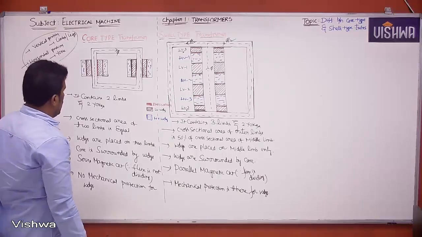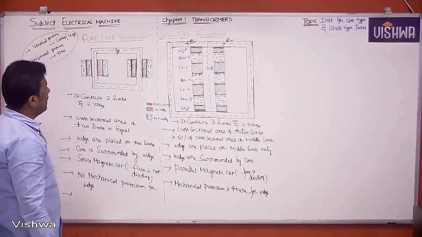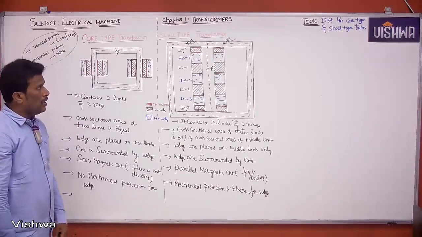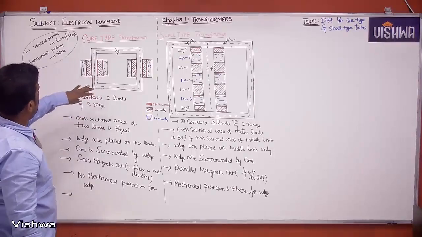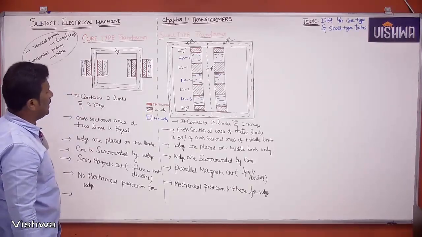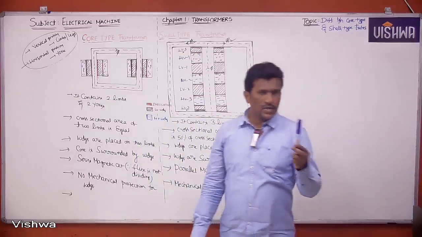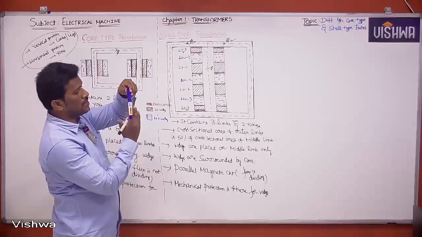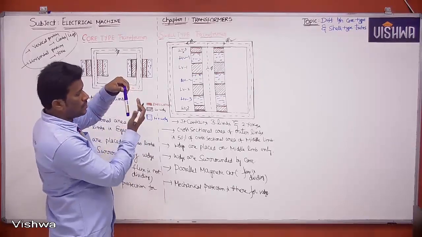Okay. Next, if you observe clearly here, in core type transformer we are placing windings horizontally. To be frank, I can explain like this. Suppose you take a transformer core like this. First they will provide some insulation.